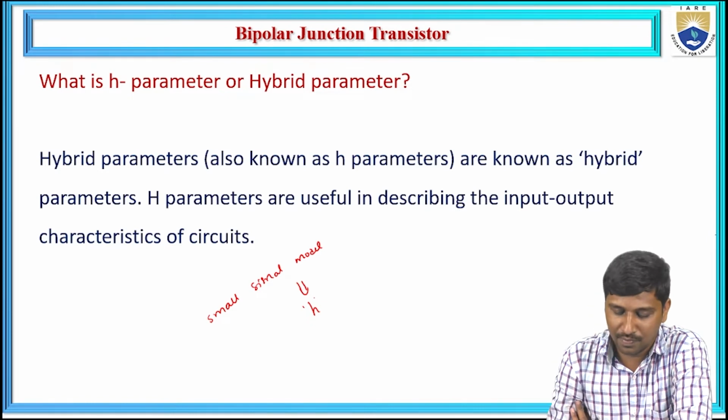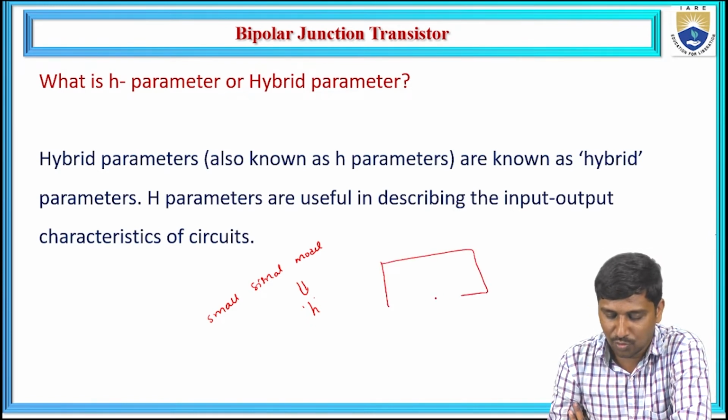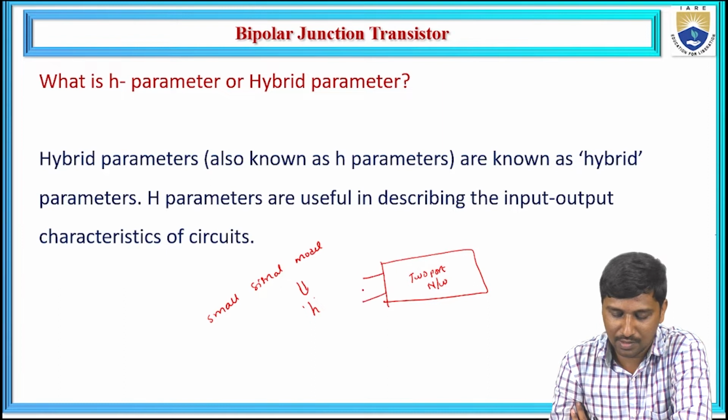The transistor acts as a two-port network, meaning it contains two input parameters and two output parameters.